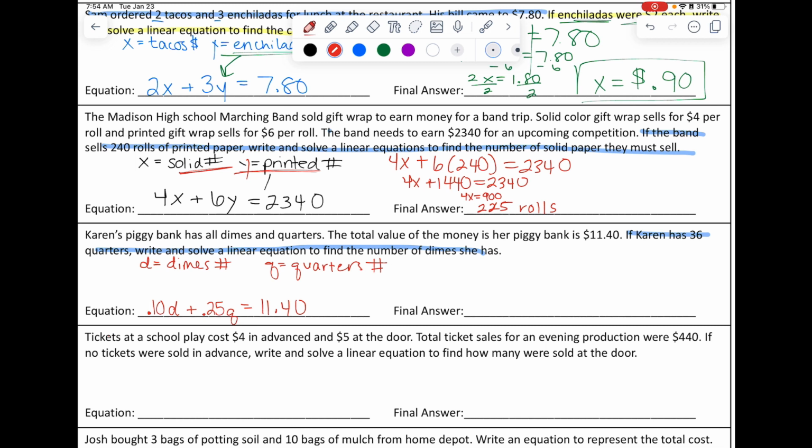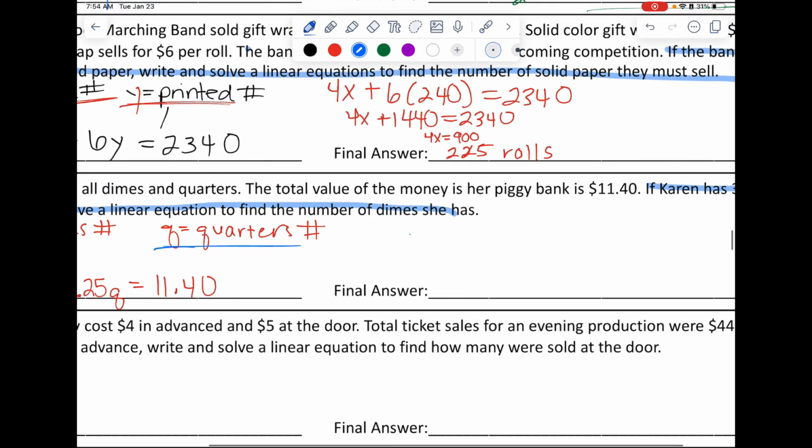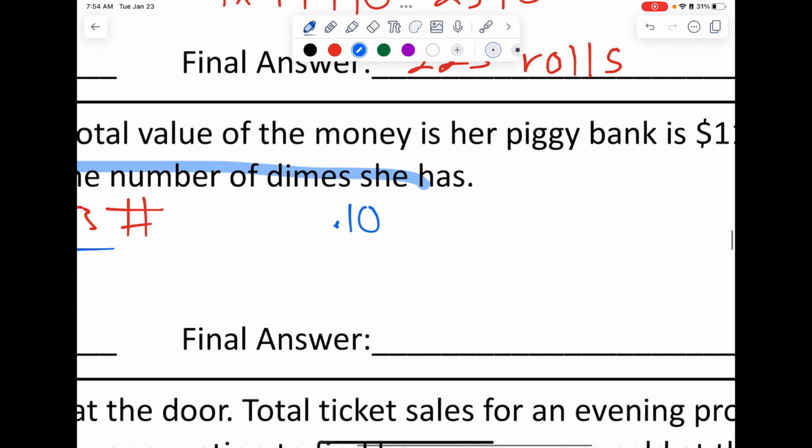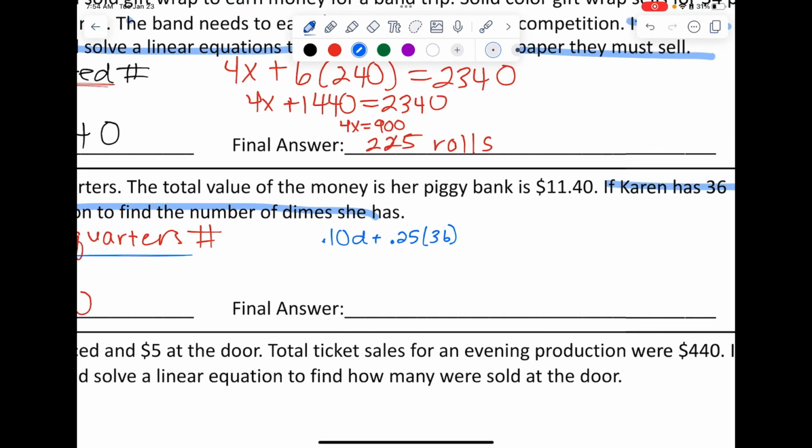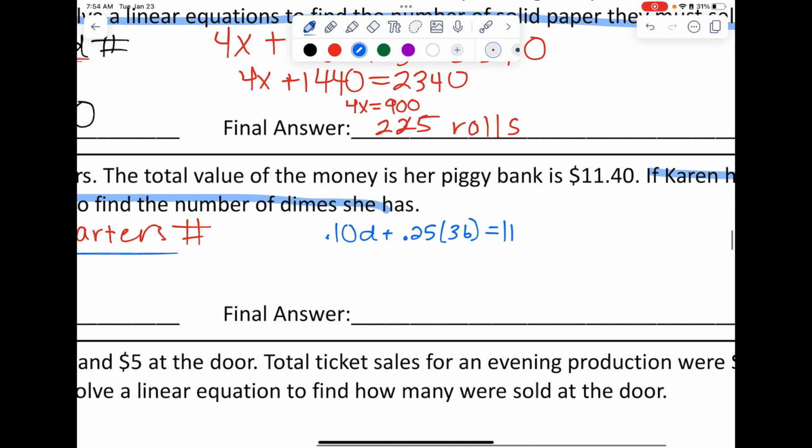And now we can do the "if Karen has 36 quarters." So we're going to plug in 36 for Q for quarters. We're going to multiply in the 25 cents to get 0.10 per dime plus $9 in quarters is equal to $11.40.